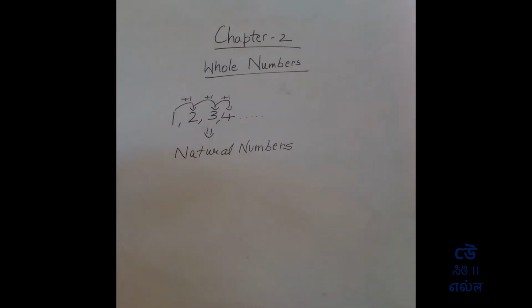So, for example, we have 3. Here we have to subtract. 3 minus 1 is 2. 2 we got. Next, 2 minus 1 is 1. Next, 4 minus 1 is 3.